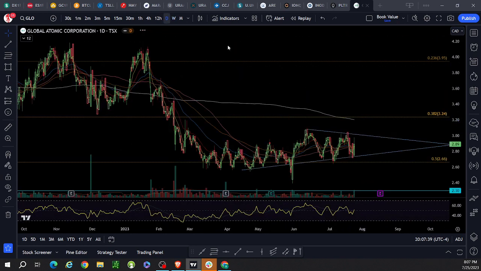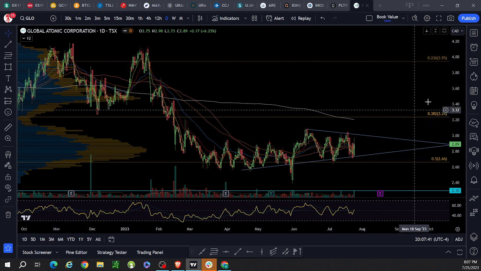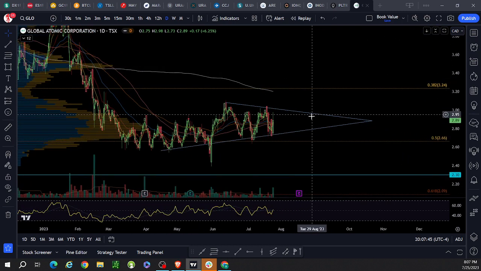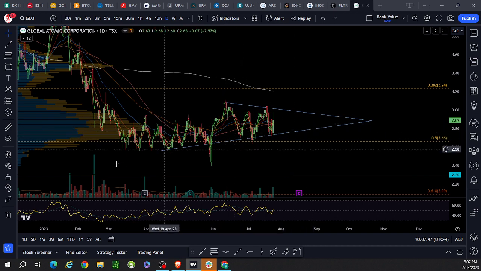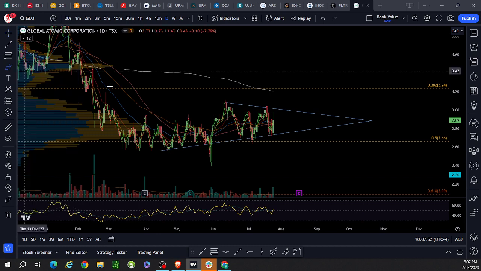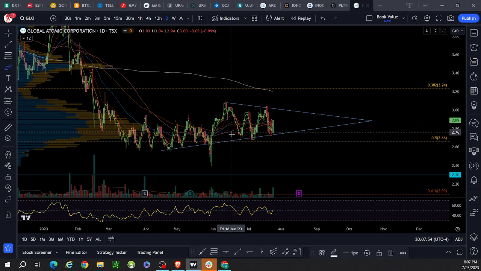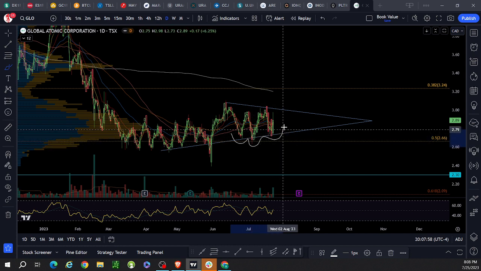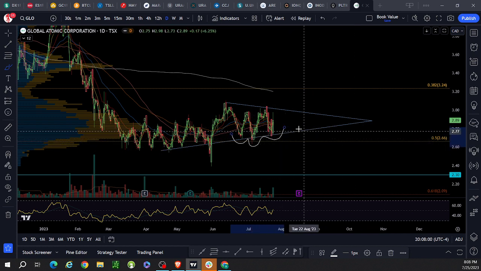So I don't know if anybody's talked about this at all, but I am starting to see what looks like to me a pretty nice inverse head and shoulders setting up here on the daily.